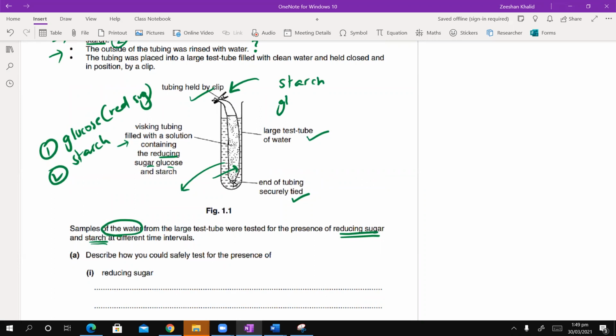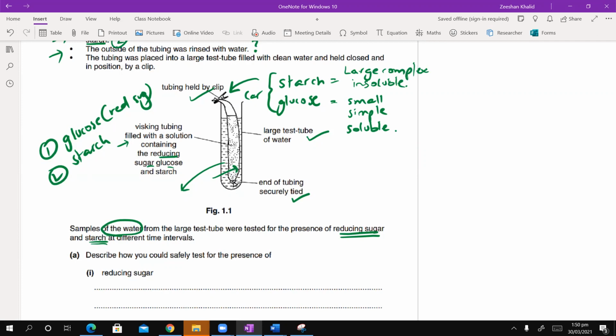What's the common thing for both starch and glucose? Both of them happen to be carbohydrates. Starch is a large, complex, insoluble molecule. Remember, we've studied this in digestion, okay? Whereas glucose is a baby, small, simple, and soluble molecule. Which one of them do you think will be able to pass through the Visking tubing?